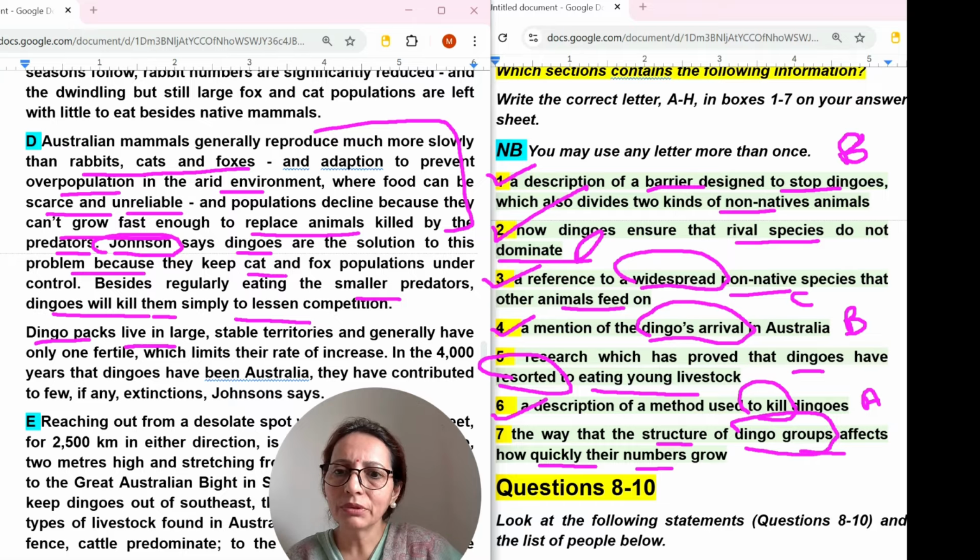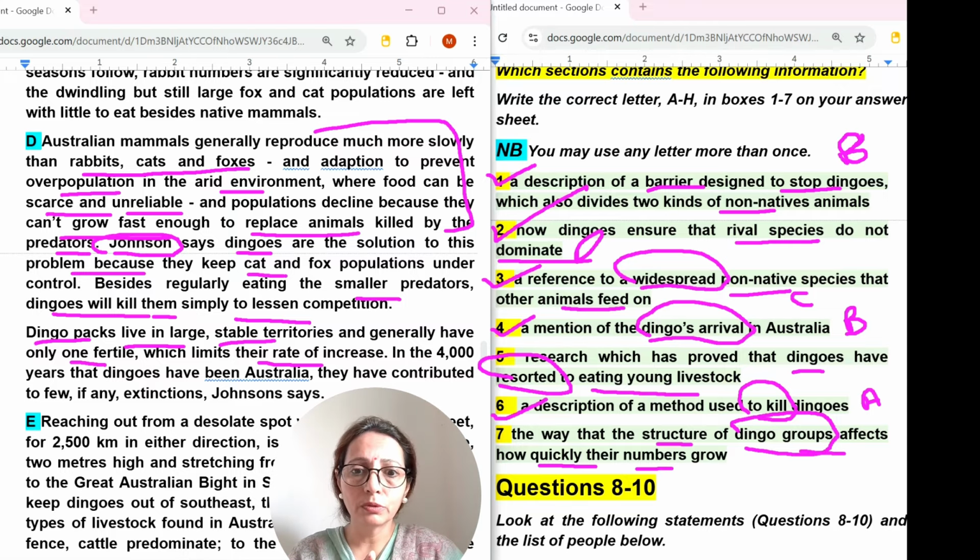Dingo packs live in large, stable territories and generally have only one fertile female, which limits their rate of increase. Okay, what I told you at the end, the structure of dingo groups means they are going to talk about how they live, how their family members and all. So the way that the structure of dingo groups affects how quickly their number grows.